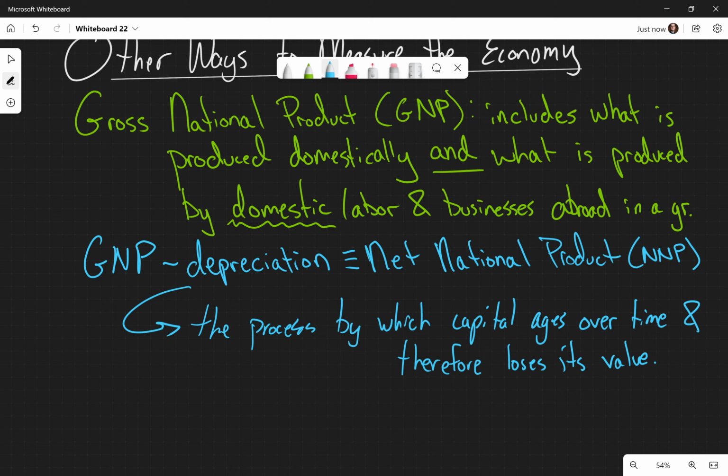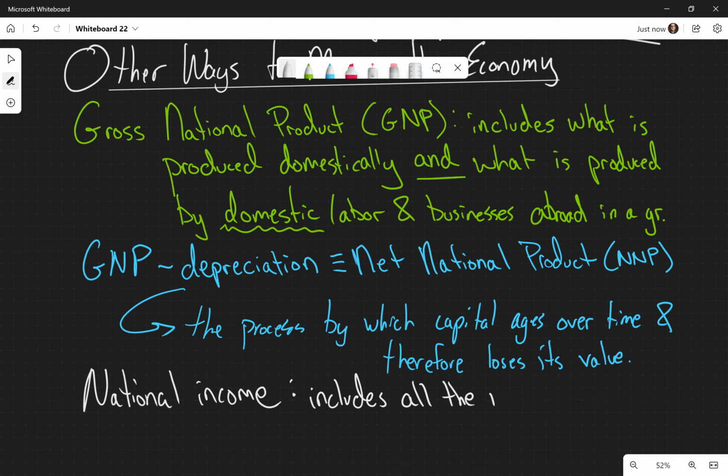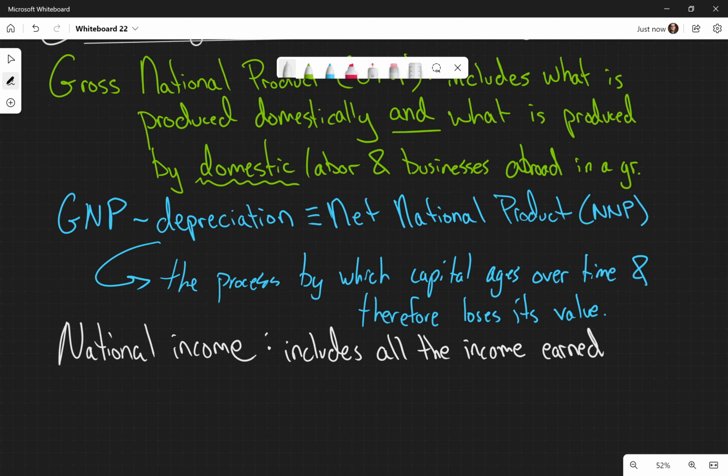And then lastly, we can winnow this down one last time to our national income, which includes all the income earned by the different classes or workers.